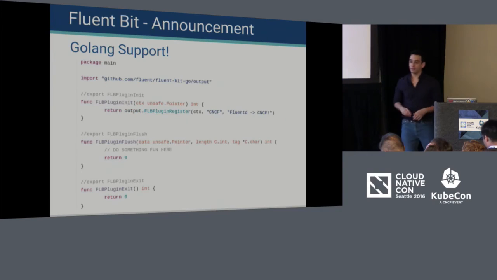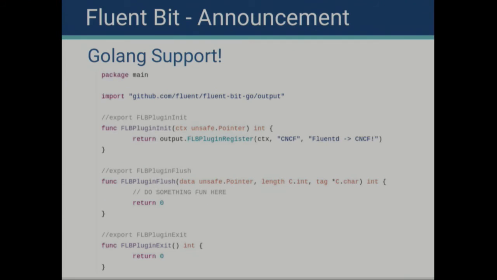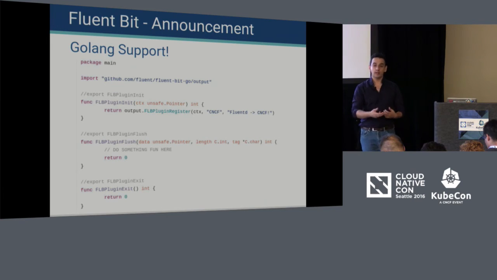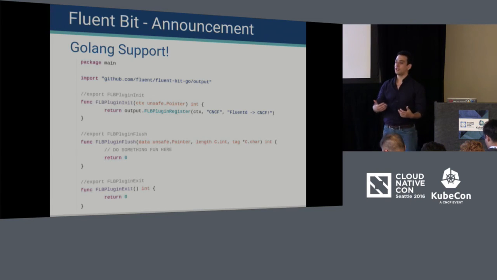And what does a plugin look like? OK, first of all, a package for a Go plugin for Fluent Bit is basically a shared library. So when you build Go code, you can say, I want to have a binary that you can run, or I want to have an archive file or a shared library. This works with a shared library.